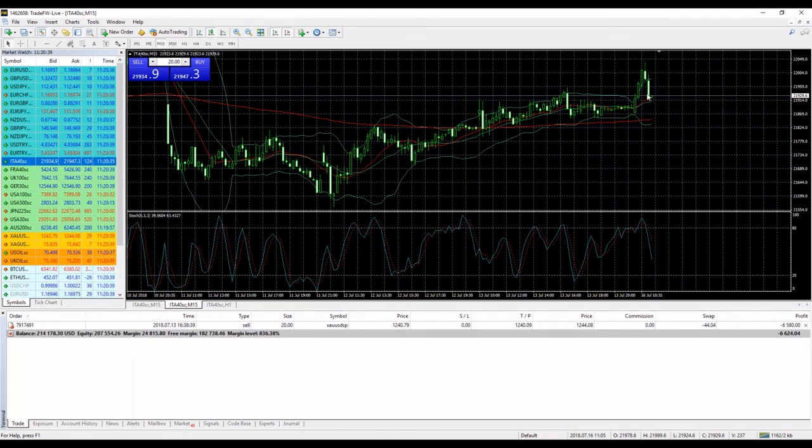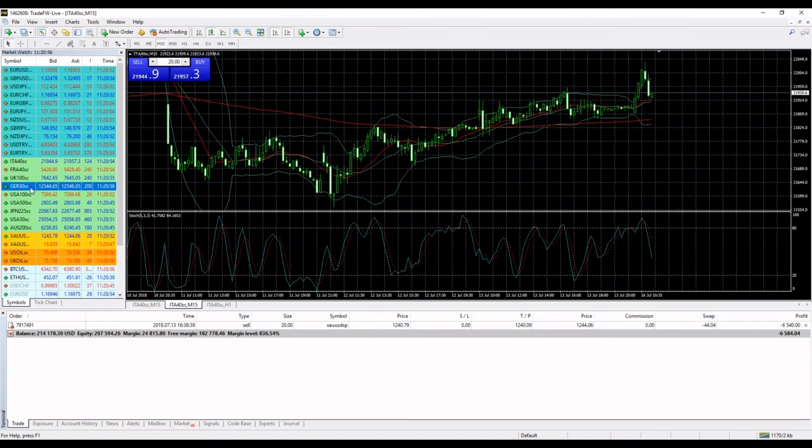It looks like a ranging trend, which is also nice. Then we will aim for fast movements and enter and exit the market quite fast. So let me see. DAX.